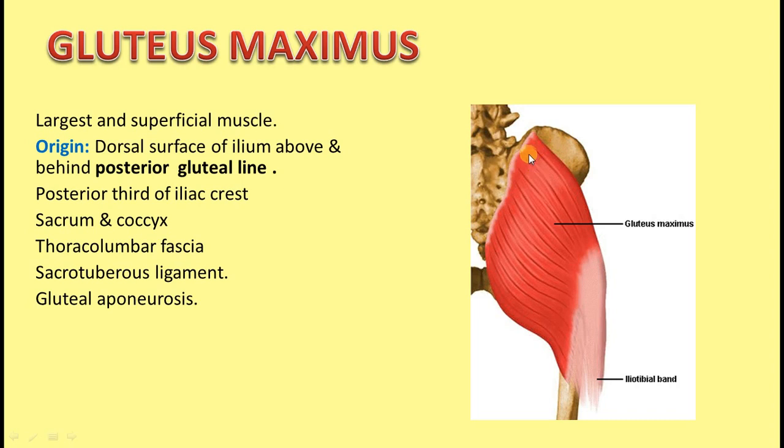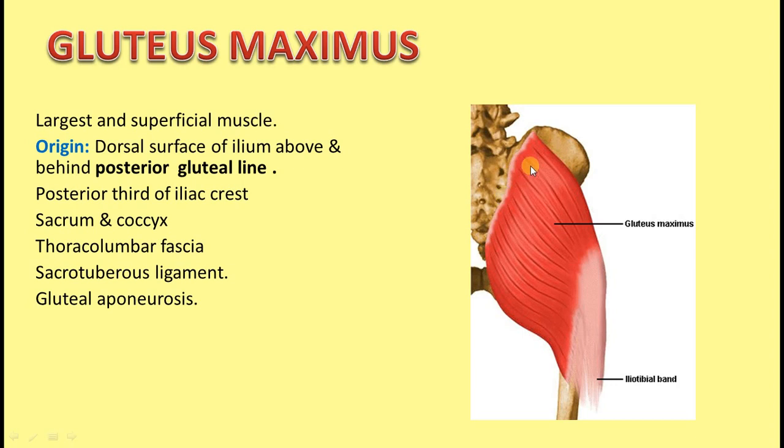Okay, behind the posterior gluteal line from the dorsal or gluteal surface of the ilium. Then also from the posterior or dorsal segment of the iliac crest, sacrum, coccyx, from the sacrotuberous ligament and the gluteal aponeurosis which is present deep to it. Okay, so that is the very extensive origin.